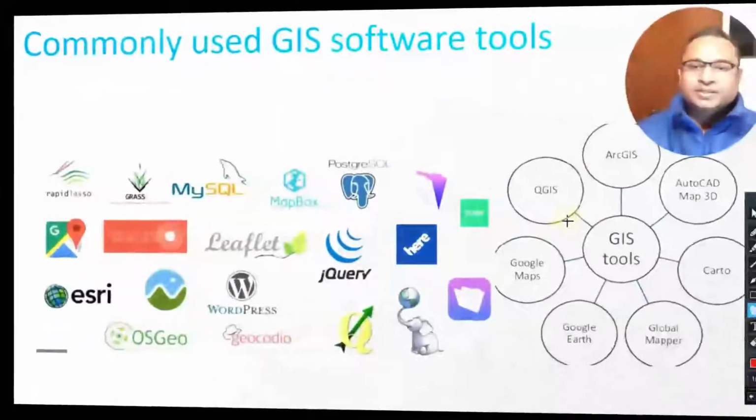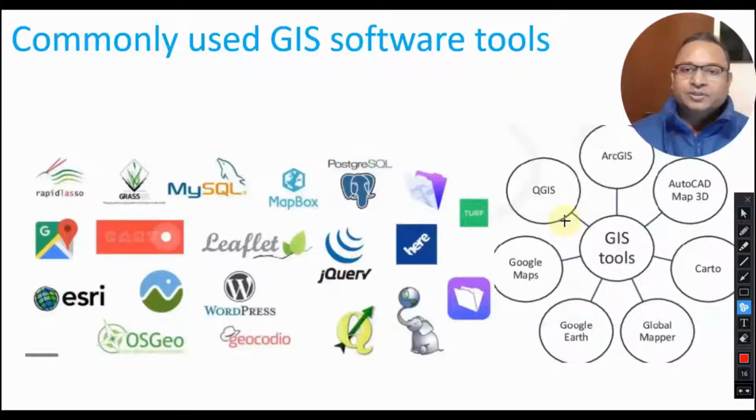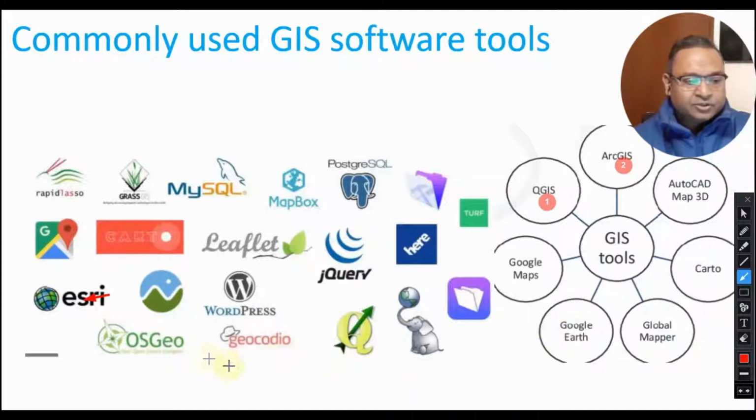Here I mentioned some popular GIS software tools, in which you can see QGIS is an open source tool. ArcGIS is a very famous tool, and this is from the Esri company. And there are some other tools, for example, Google Maps, Google Earth, and various tools which are used to analyze geospatial information for many application areas.